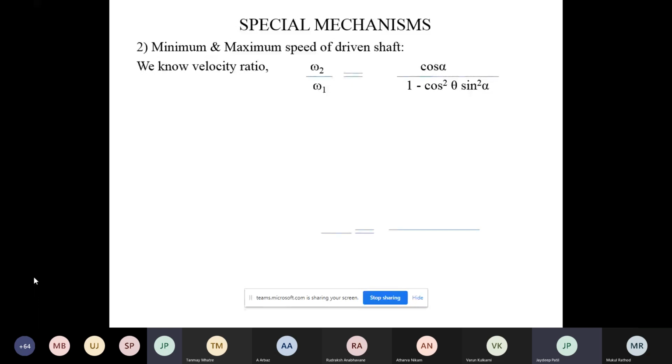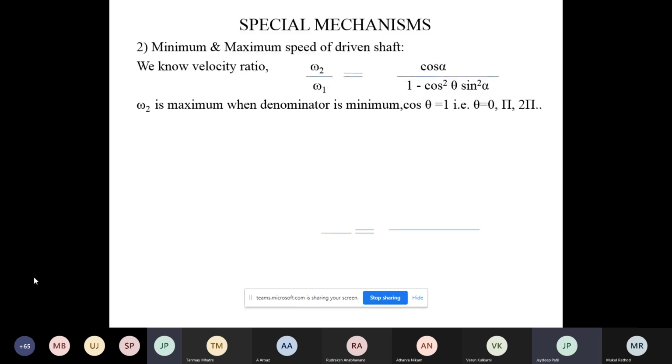Now what is the angle turned by this theta? Theta angle कितना होना चाहिए? If you want cos theta equal to 1, now theta is equal to how much? Pi, 0, 180, correct na? Omega 2 is maximum when the denominator is minimum.